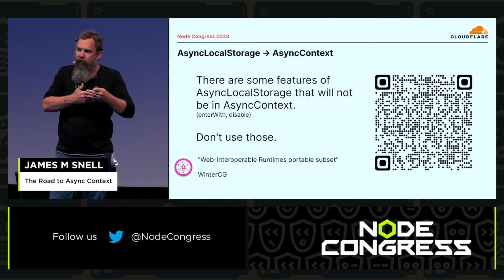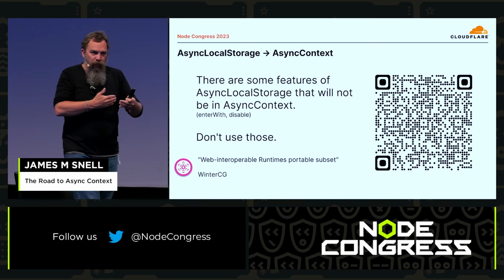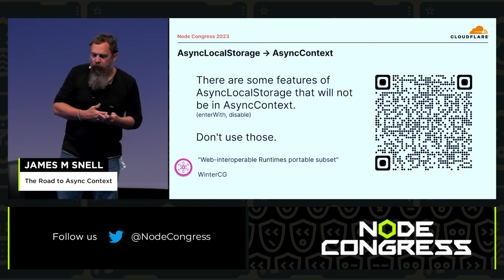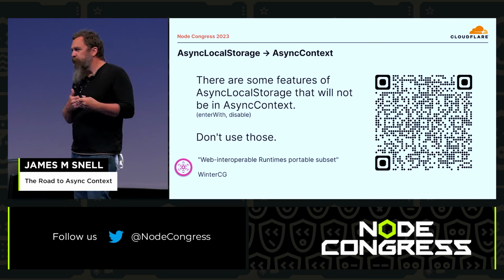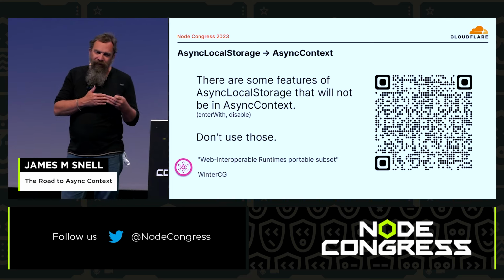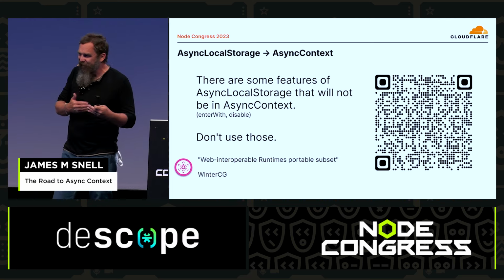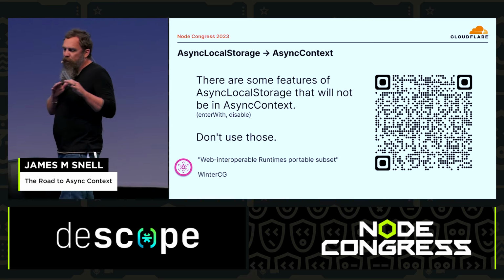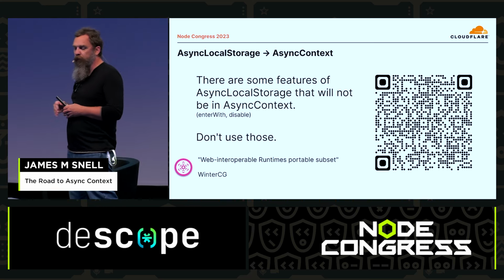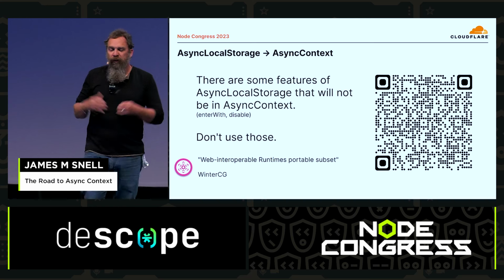So that context frame becomes fully mutable synchronously. That has a number of challenges. Node currently allows that. It's an experimental feature, but that's not going to be carried through to AsyncContext for a number of reasons.